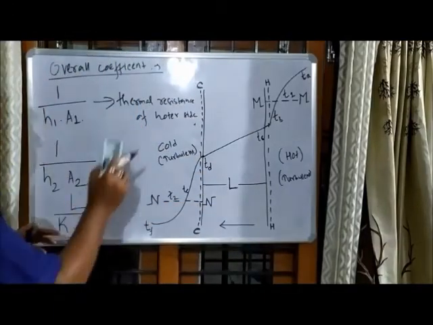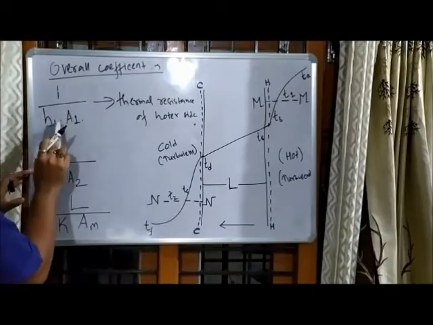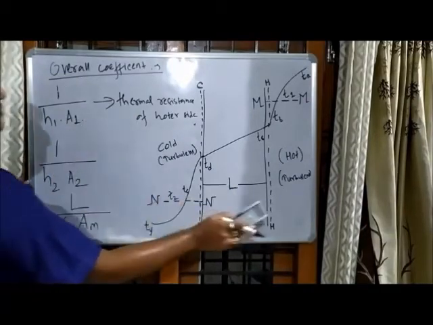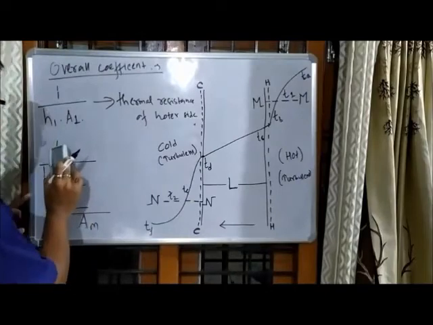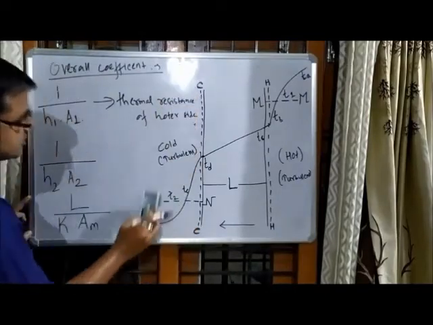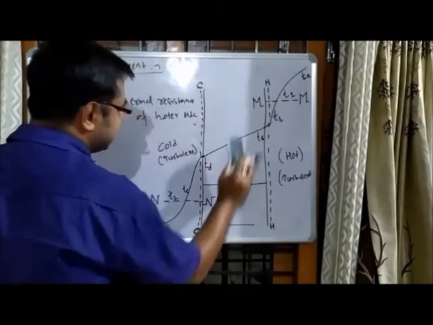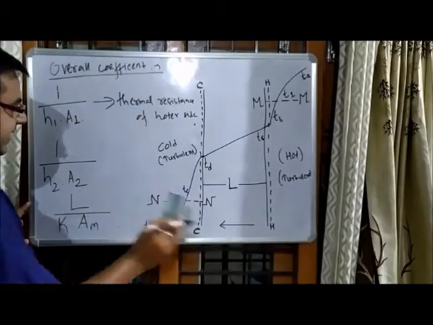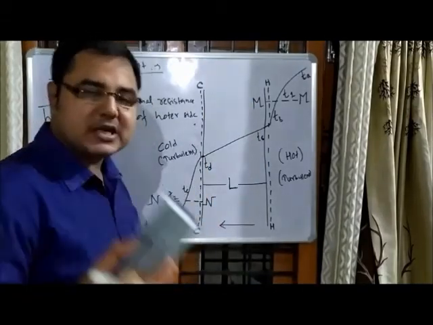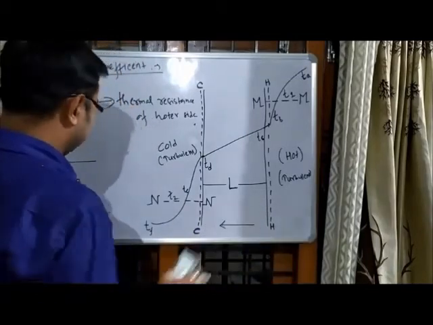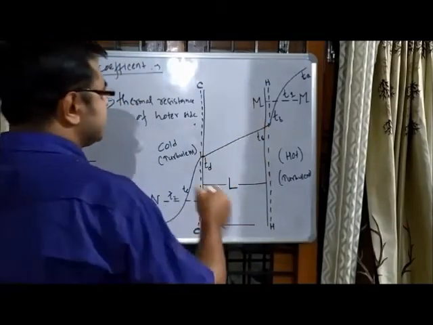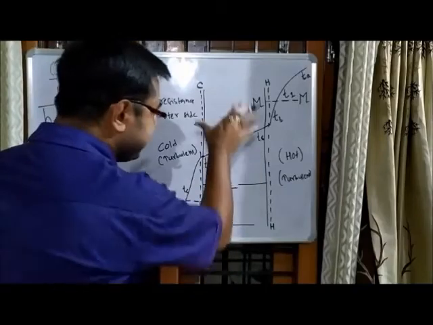So 1 by H1 into A1 is the thermal resistance of this side. 1 by H2 into A2 is the thermal resistance of this side. And L is the length of this metal pipe divided by K, the proportionality constant, into AM, the average or mean area of the pipe, right?